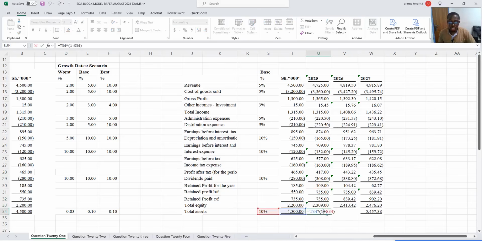Then our total asset, I also lock this part. I lock that point. So once I have locked all these details, for 2026 and 2027 what you are going to do is just copy paste, and confirm the summation if at all there.